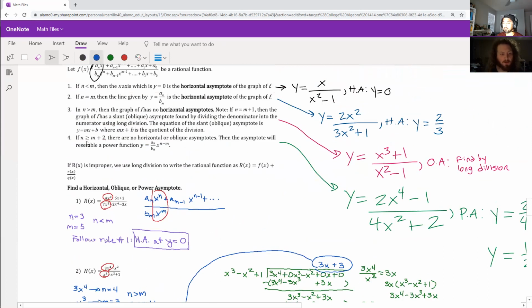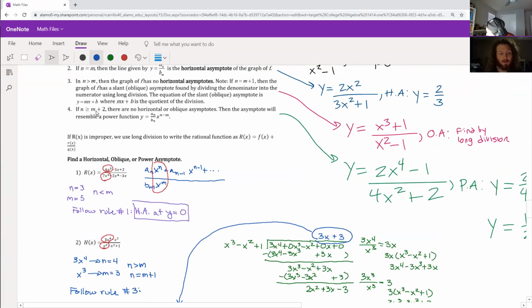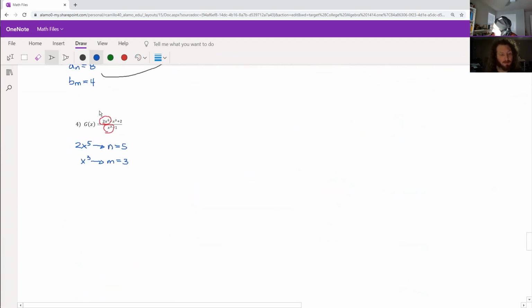So if we look here, when n is greater than or equal to m plus 2, we have that n equals m plus 2. So this means that we follow rule number 4, which tells us that we will have a power asymptote.